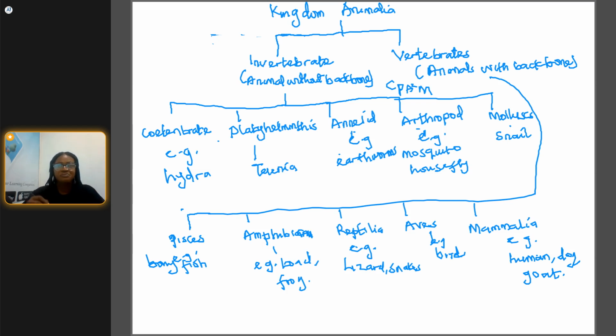Okay, so what we have done today, we started from the level of organization. I said level of organization refers to the hierarchical structure of life from the simplest to the most complex. Okay, and I gave you different examples, different explanations.